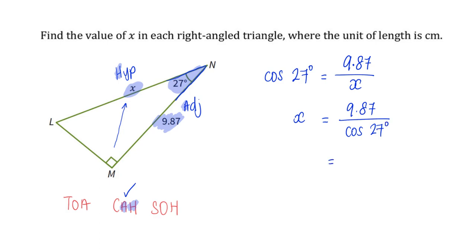And from here, you will get 11.077 to 5 significant figures, followed by 3 significant figures, 11.1. Since we are talking about the value of x, the value of x is indeed 11.1 to 3 significant figures.